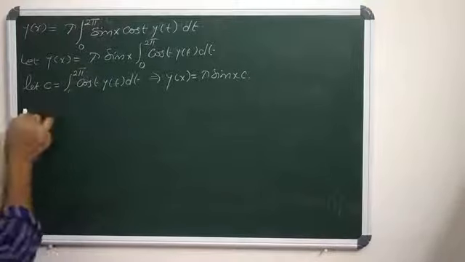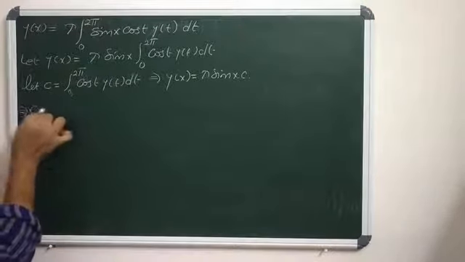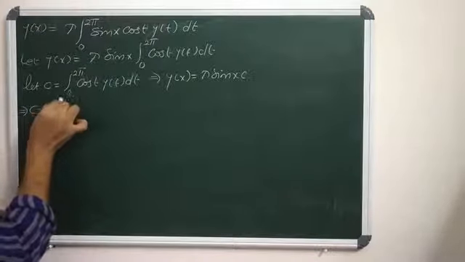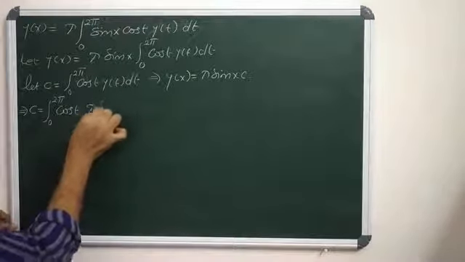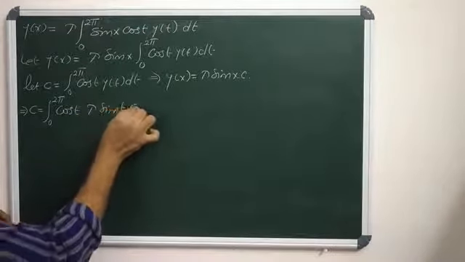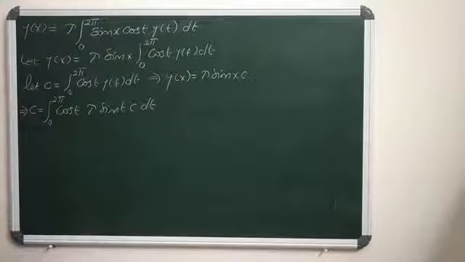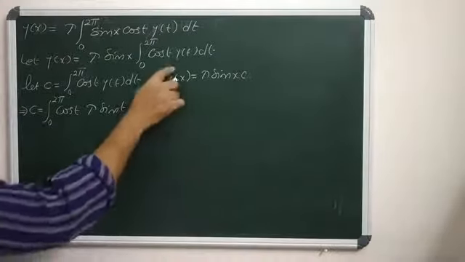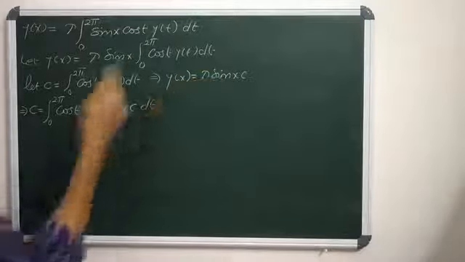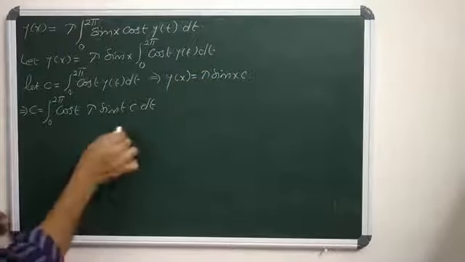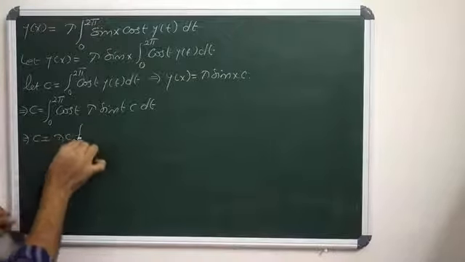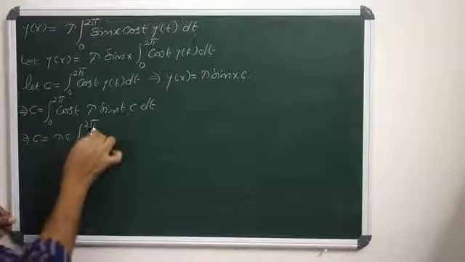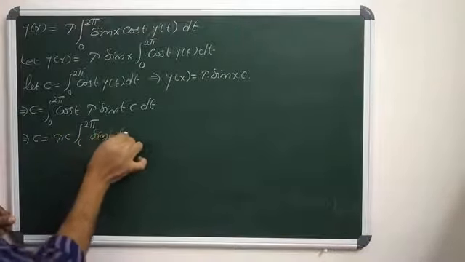What is c? c equals integral 0 to 2 pi cos t into y of t, that is lambda sin t into c, dt. Replace y of t by lambda sin t into c. So c equals lambda c into integral 0 to 2 pi sin t cos t dt.